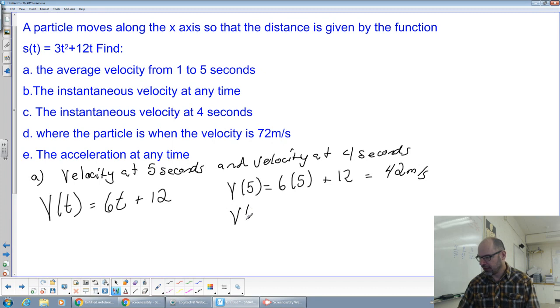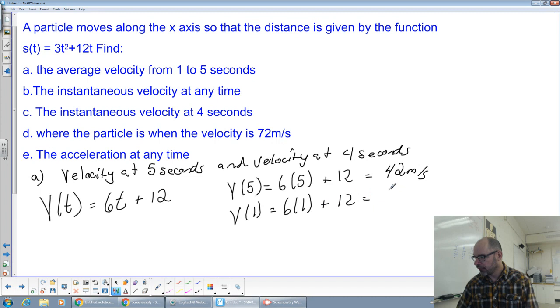And its velocity at 1 second, 6 times 1 plus 12 equals 18 meters a second. Okay, so there's our two velocities.